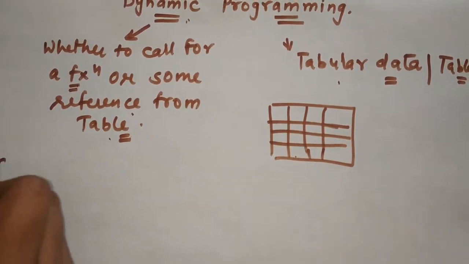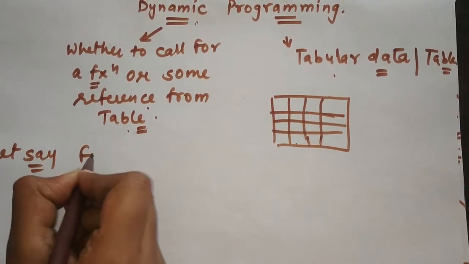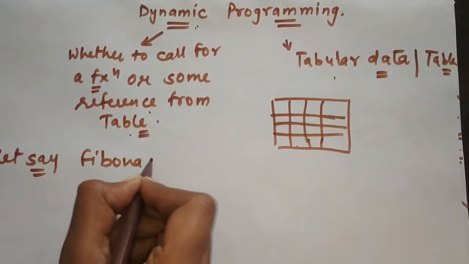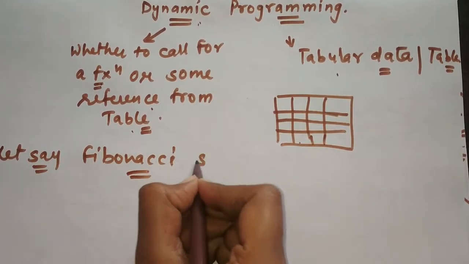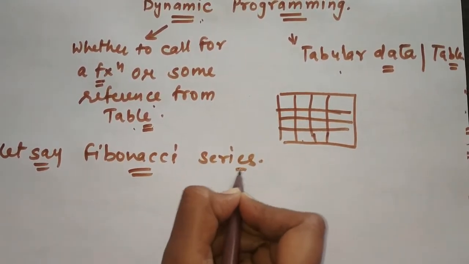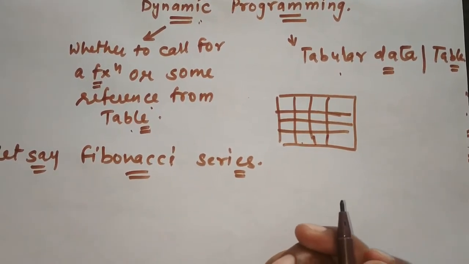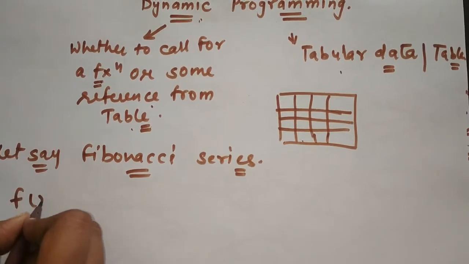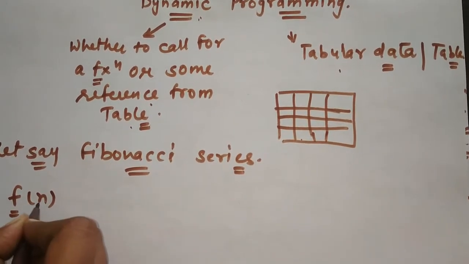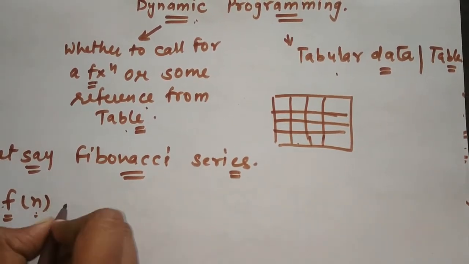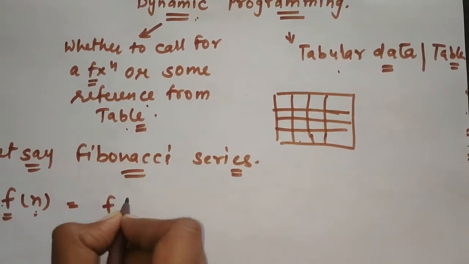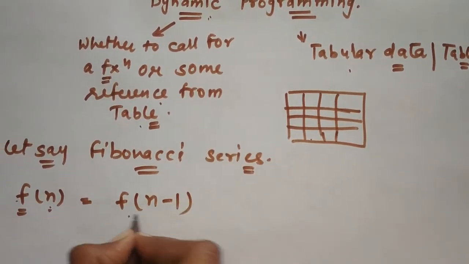So we will start from the basics. Let's say the Fibonacci series. As we know what the Fibonacci series is. Let's say f of n is the Fibonacci number for the nth element.